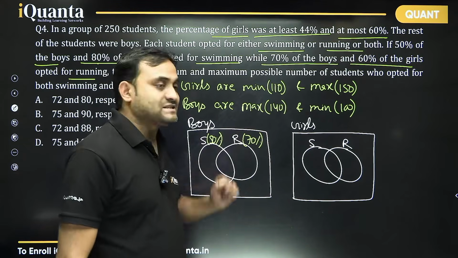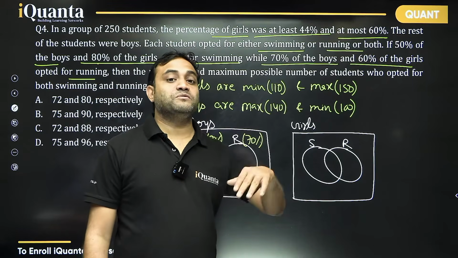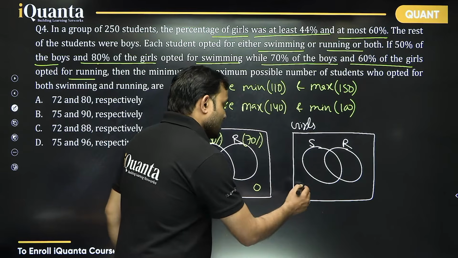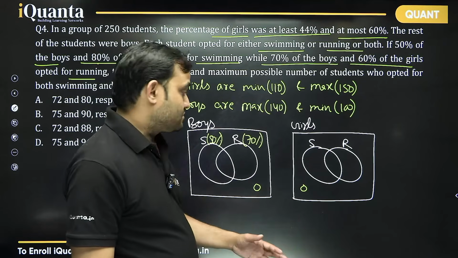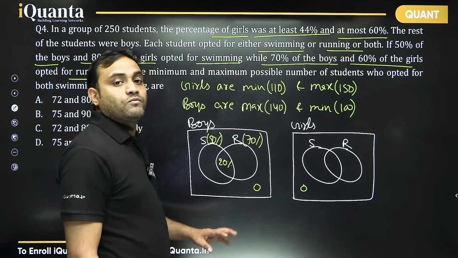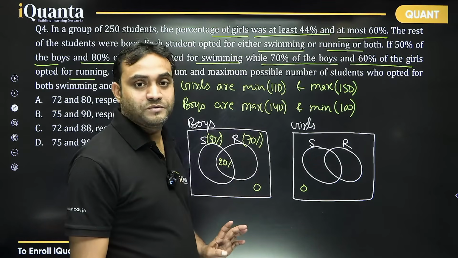So 50 plus 70 is 120%, but it can be maximum 100%, right? Because none of them are involved in zero activities. So these two are common. The number of boys who are involved in both activities will be 20%.